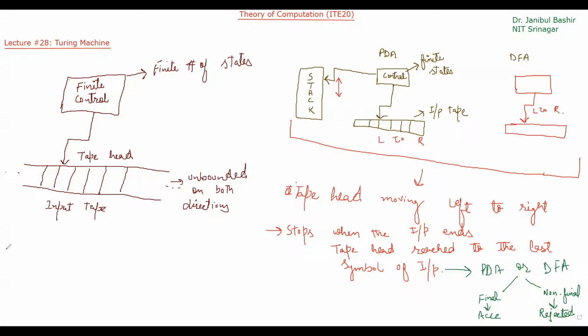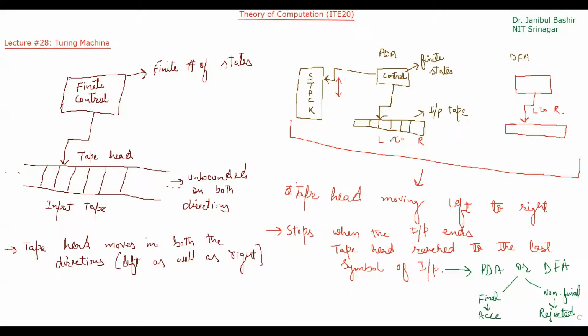And this tape head moves in both directions, that means it moves left as well as right. In case of a PDA or a deterministic finite automata, this tape head was moving in only one direction, left to right. However, here the tape head moves in both directions, left as well as right.